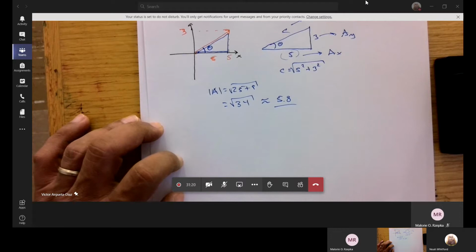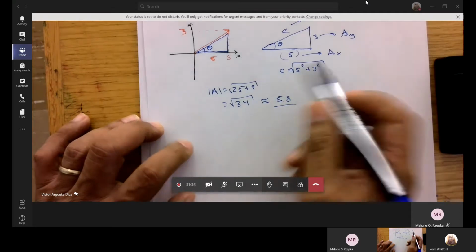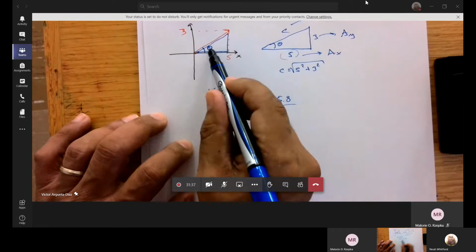Do you guys remember how to calculate the angles in right triangles? Like sine, cosine, tangent, all that. Everybody remember that? So there are different ways that you can do it for this angle.